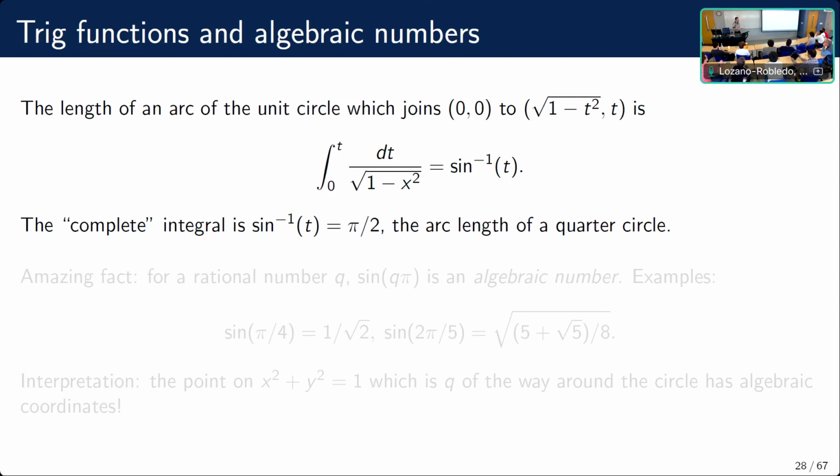If you set up the arc length problem, you find that it works out to be like this. That's no big deal. You have to do a trig substitution, and you find that it's arc sine of t, and that makes sense because that's what sine is trying to do. When you take the sine of an angle measured in radians, that's supposed to give you the y-coordinate, and this t was the y-coordinate up there.